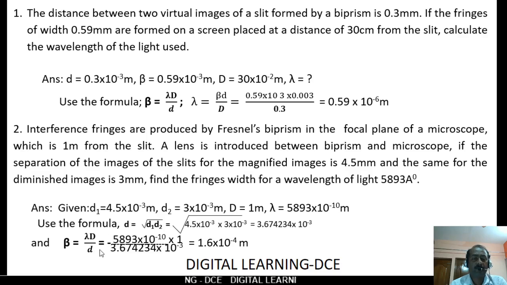For calculation of fringe width, you can use the formula beta equals lambda into capital D upon small d. You can substitute the value of lambda, capital D, and small d. On further calculation, you get beta as 1.6 into 10 to the power of minus 4 meter.